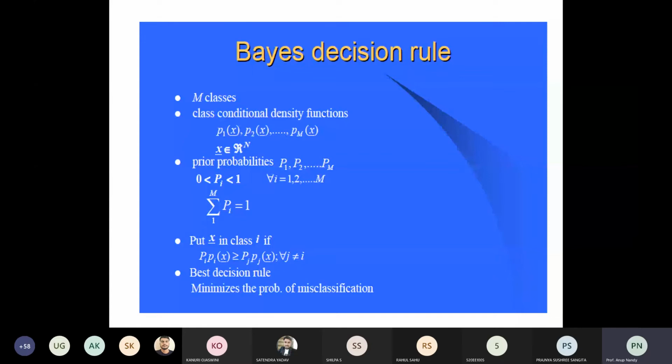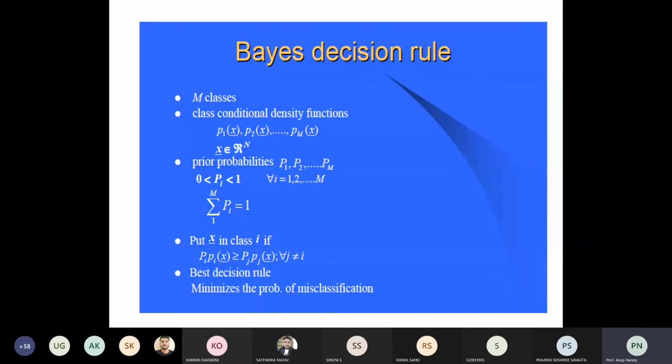Now the prior probabilities will also be given to you: P1, P2, up to Pm, where each Pi is in the range of 0 to 1 for all i equal to 1 to m, and the sum of the probabilities for all the classes is 1. Now you put x in class i. You'll have to test it on the entire image. You have only chosen a small part of the samples, but you have to test every pixel position to see which class it belongs to.